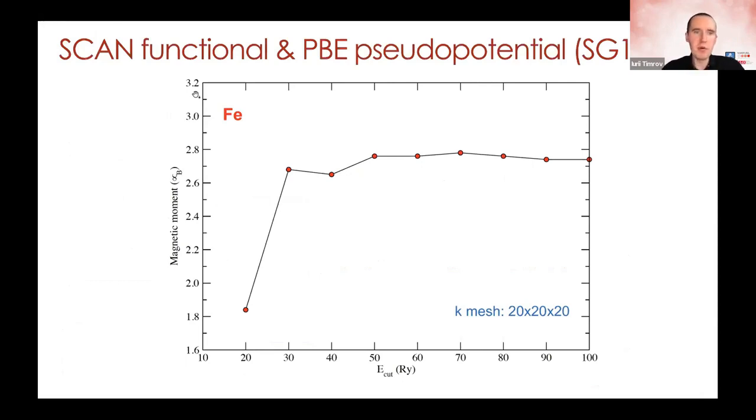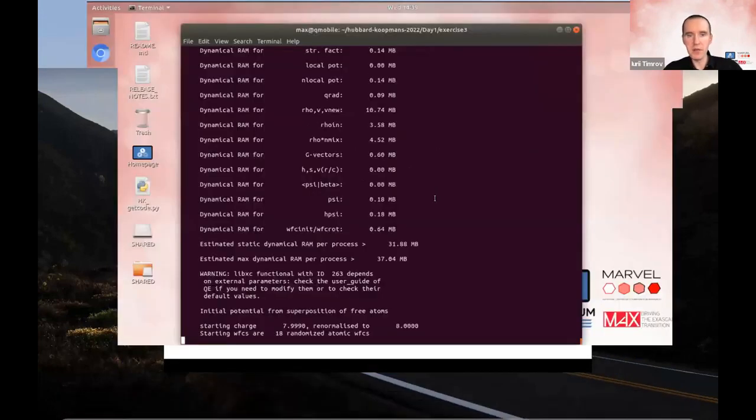This is the magnetic moment of iron as a function of the cutoff energy. Again, this is just to show you how the magnetic moment converges as a function of cutoff. Let's actually run this calculation.